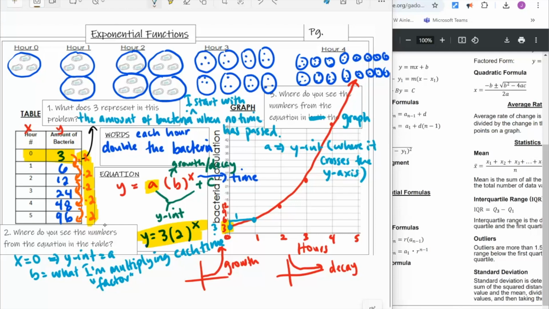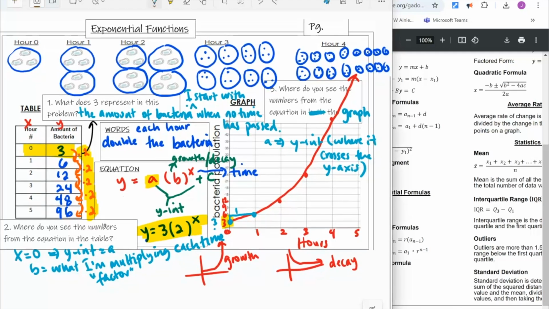Remember, each box goes up in 3s. So next it goes up 6 and still runs 1. Then 3, 6, 9, 12, and I run 1. So what's the pattern each time? I am multiplying by 2. From 3 to 6 to 12, I am multiplying by 2.